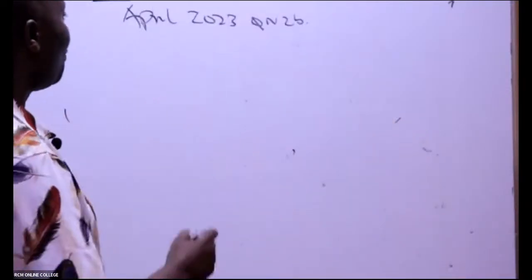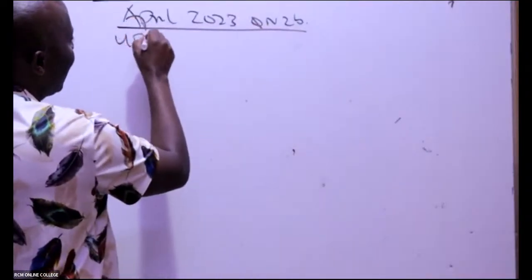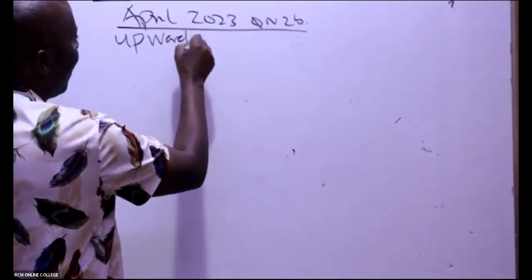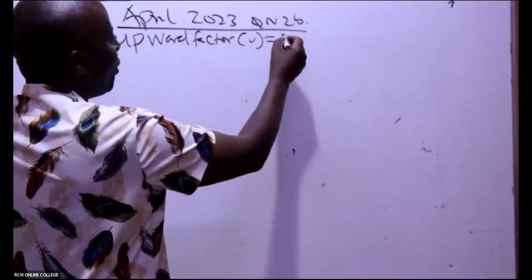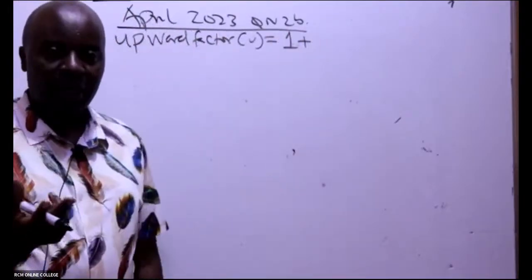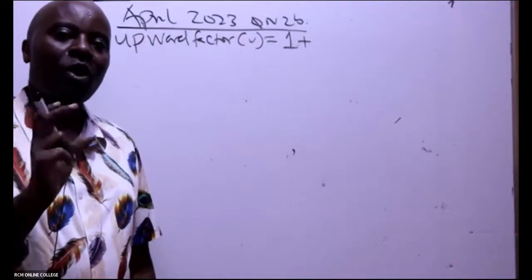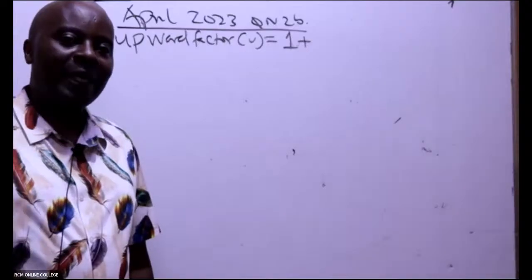First of all, we shall calculate the upward factor, the U. In this case, they have told us that there are two possibilities: the price could either go up by 20% or go down by 17%.